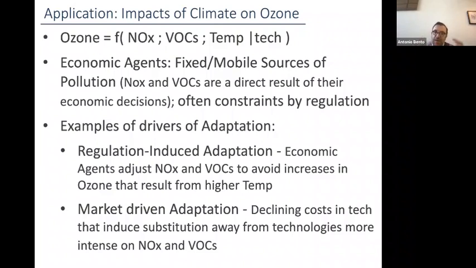So when we go to the application, what is very interesting here is the fact that ozone is an outcome that we may be interested in for a variety of reasons, including the health impacts of ozone.